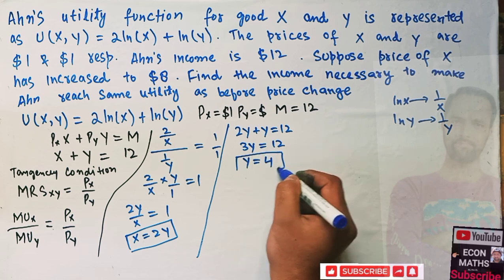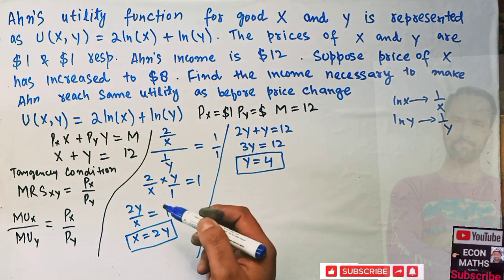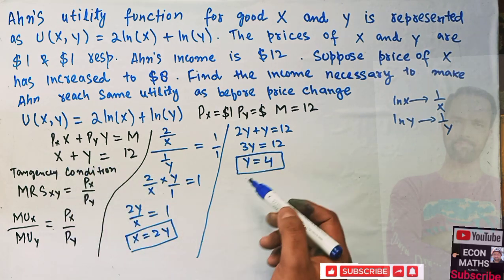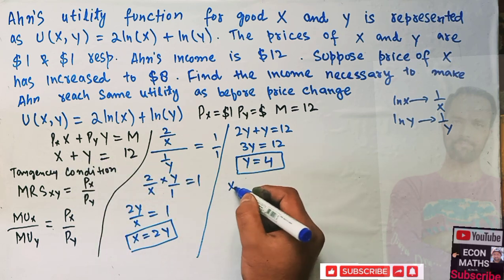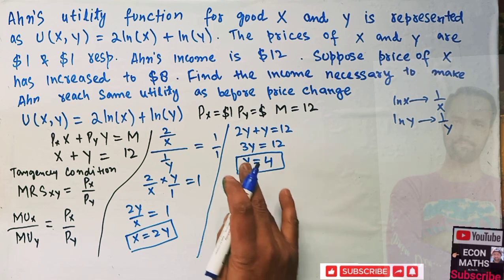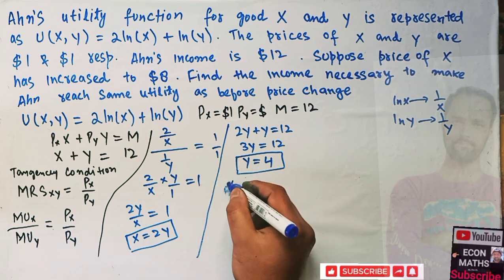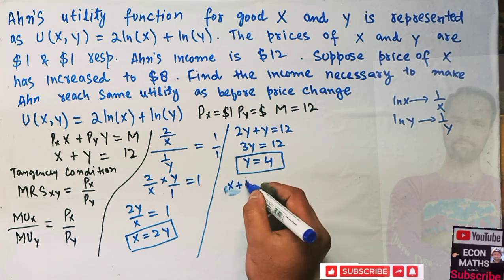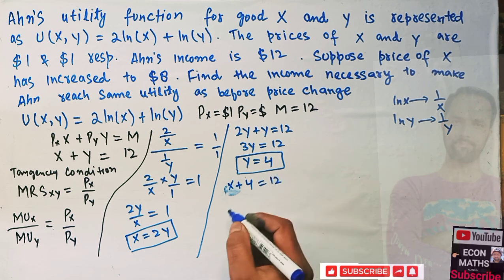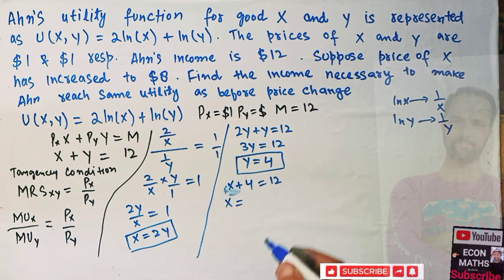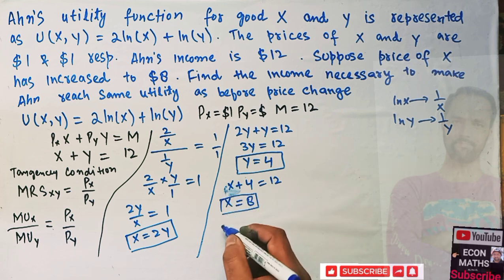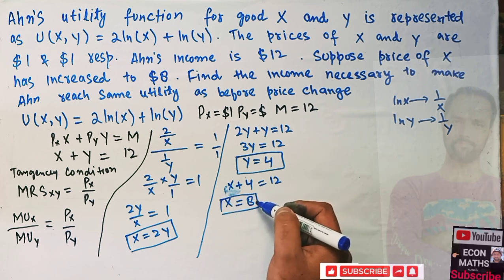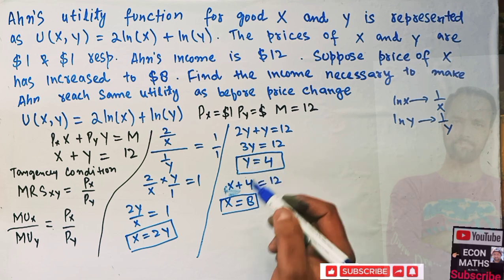Originally he will consume 4 units of y. Plugging y equal to 4 back into the budget constraint, x plus 4 equals 12, so x is 12 minus 4, which comes out to be 8. So originally he is consuming x equal to 8 and y equal to 4 units.